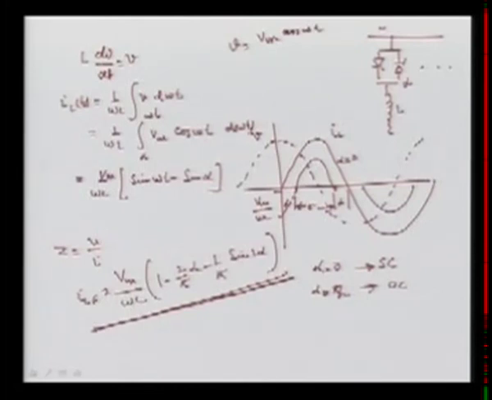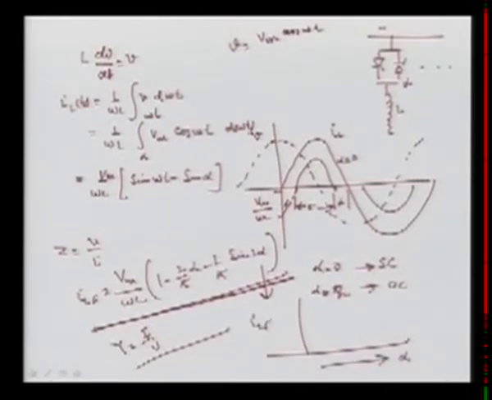So we can get the impedance that is dependent on alpha. Once you change alpha, your impedance changes. Again we can put the admittance Y as I upon V, and then we get the expression here. Now you can see how this ILF, the fundamental component of the inductor current, changes with alpha.